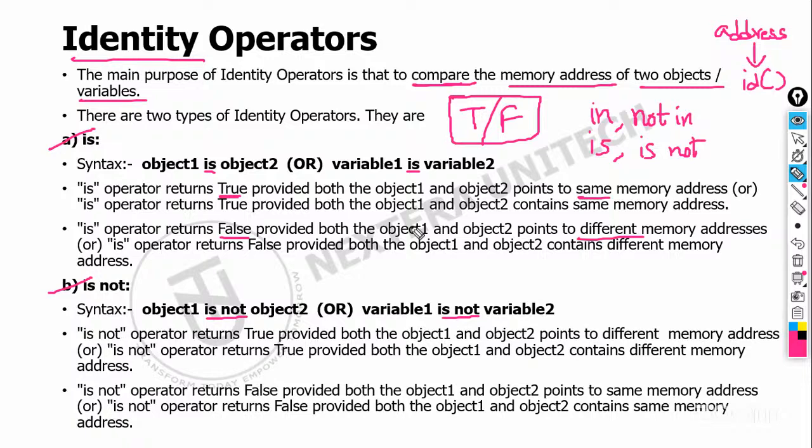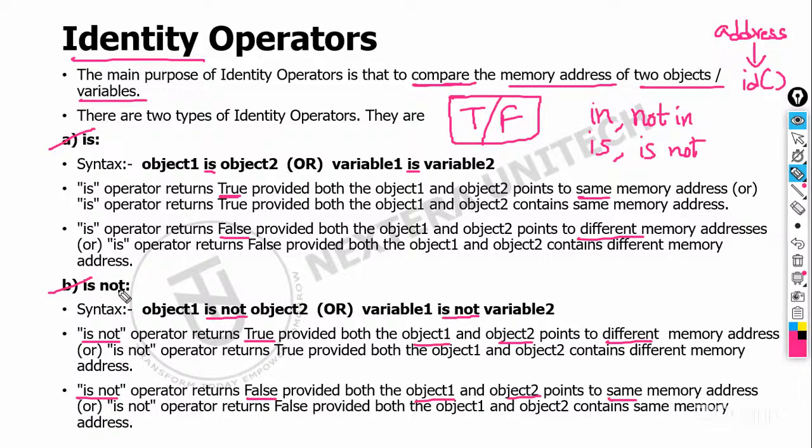Different memory address, false. Then is not is quite opposite to is. The is not operator will return true when both objects point to different addresses, and false when both objects point to the same address. That is the difference. If you remember one, obviously the other is complementary.